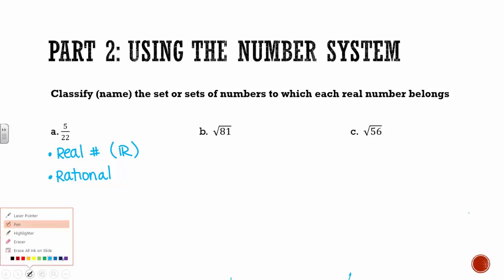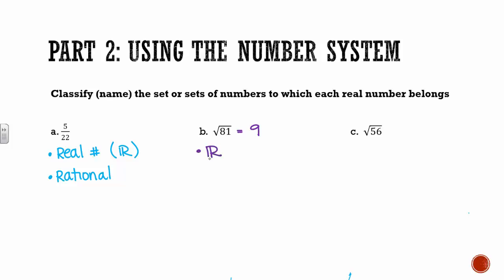Now the next one, square root of 81. Square root of 81 can be simplified to just plain old 9. So don't think just because it's a square root that it's going to be something funky. Simplify it if you can. This one is a real number because it's a number we're talking about in this class. It is rational because I can write it as a decimal or a fraction, so like 9 over 1.